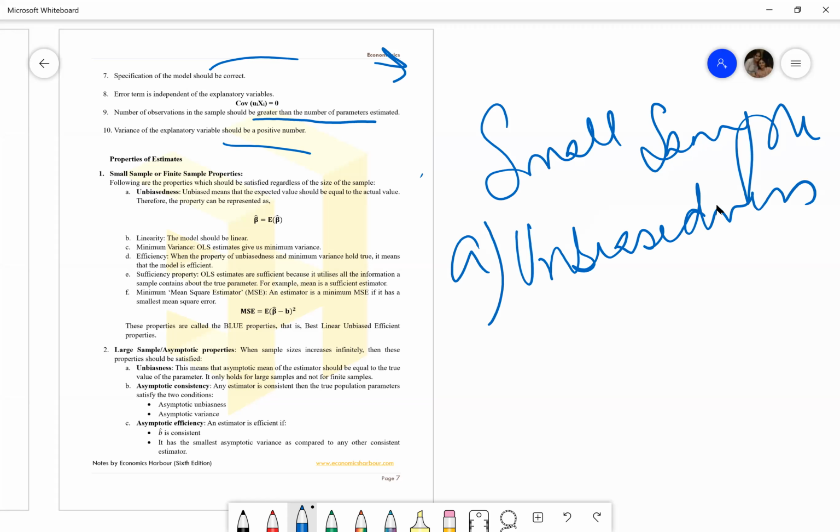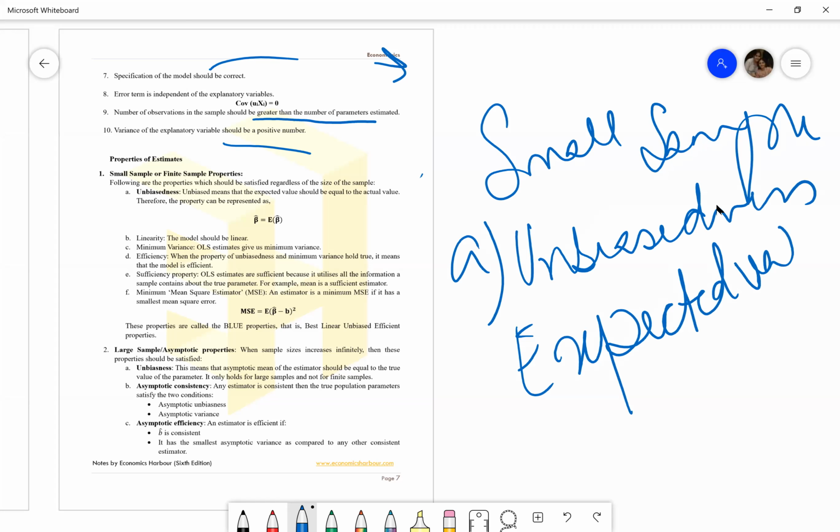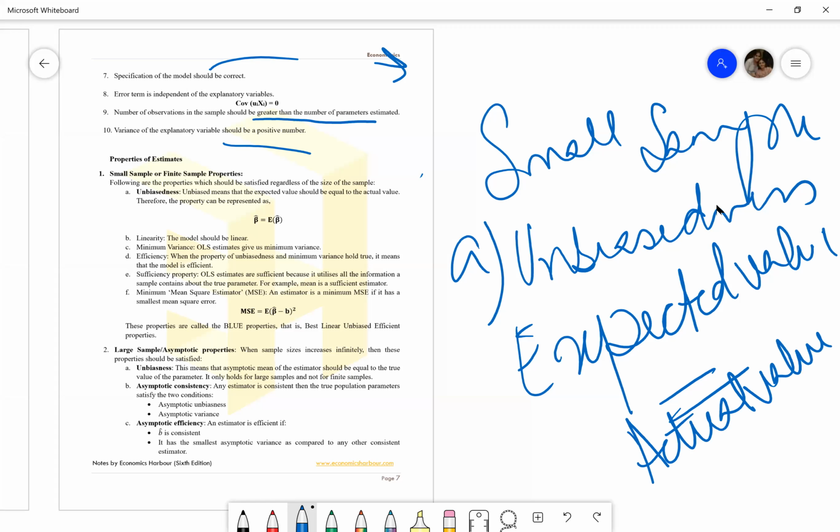Unbiasedness in the sense that your expected value should be equal to your actual value. So expected value should be equal to your actual value in the sense that whatever value of your parameter you're getting out of your model using actual data should be the same as what you estimate using a certain proportion of it, or what you expect the value to be.